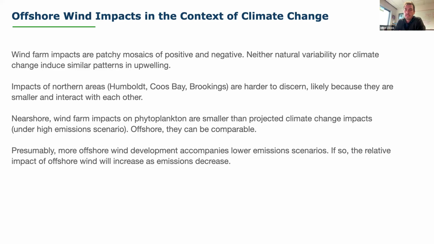So it's really this spatial pattern that's changing and what might be the impacts of that. And interestingly, those spatial patterns have no natural analogs. You can't find times where you naturally get alterations of the upwelling patterns that look like what the wind farms drive.